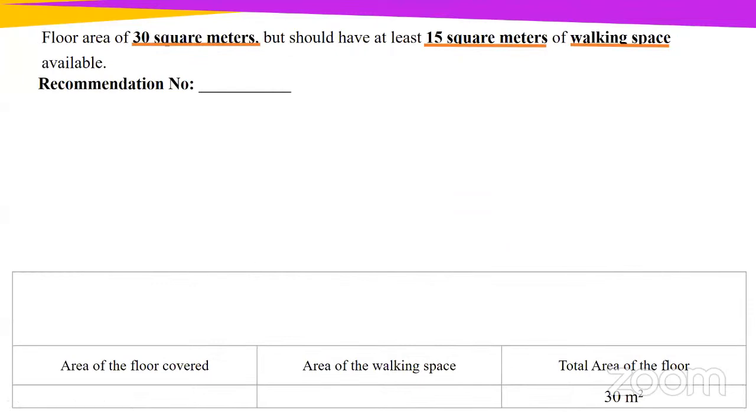Now, boys and girls, we found the area of our furniture, and we know what the walking space is supposed to be. We know the area of the floor. What information do we need to remind ourselves in order to be able to complete this table?